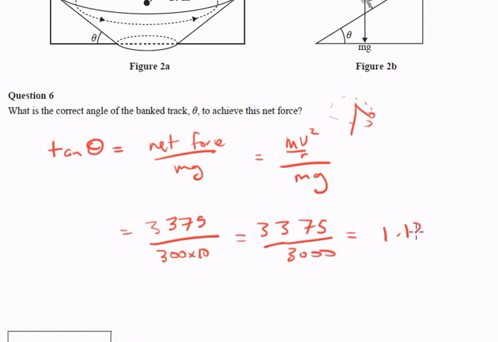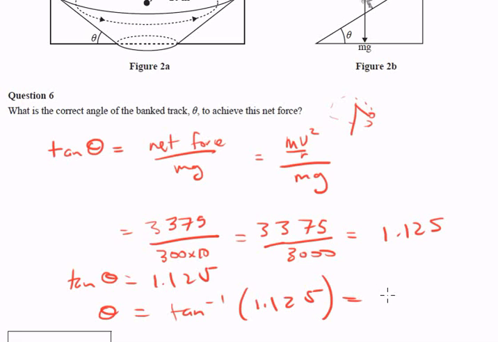That equals 1.125, and that's tan theta. Tan theta equals 1.125, so to rearrange that, theta equals inverse tan of 1.125 on your calculator, comes out at 48.3 degrees.